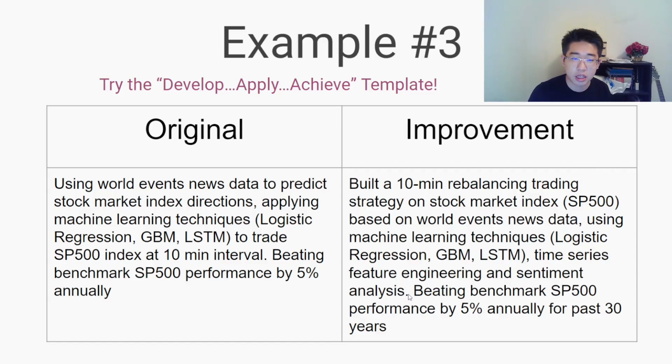Now this is adding a lot of buzzwords already, and this is adding more details. We're using some time series feature engineering, and we're using sentiment analysis, right? And then beating benchmark SP500 performance by 5% annually for past 30 years. Now that's a very robust number, right? For the past 30 years, we're always performing better than S&P 500 in backtesting.